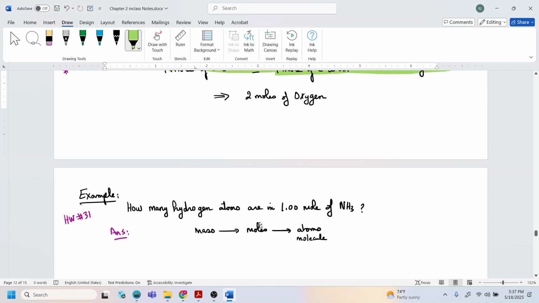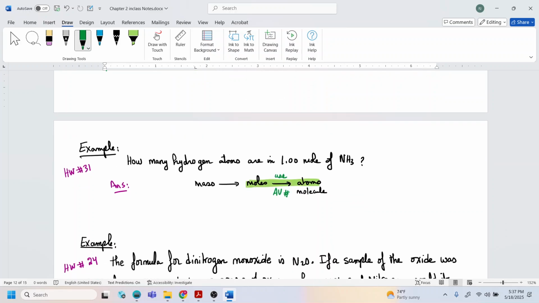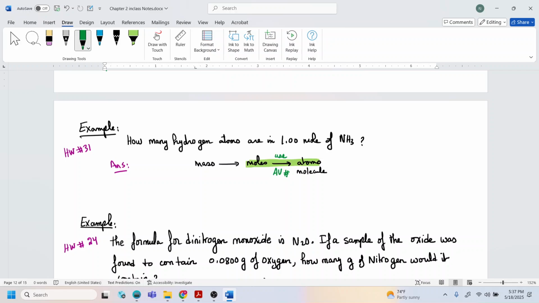I am given the moles, and I need the number of atoms here. So I need this portion of this equation. To go from moles to atoms, I'm going to use the Avogadro number, where for every 1 mole there is 6.023 times 10 to the 23, and this is for the NH3 there.